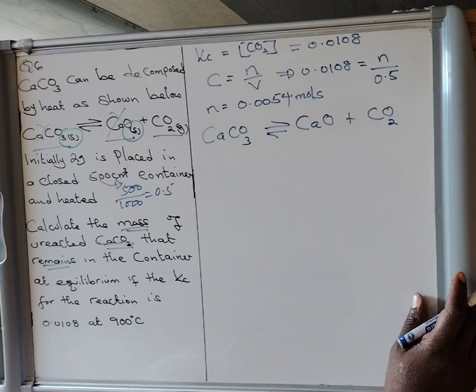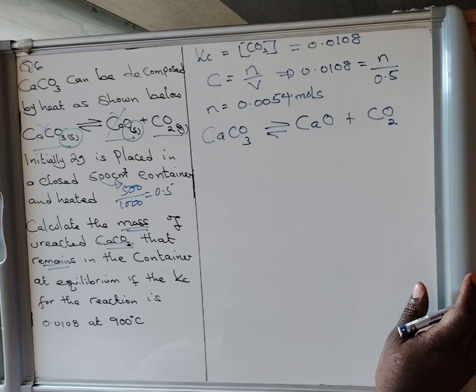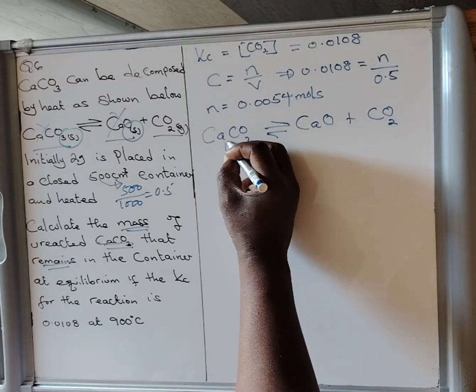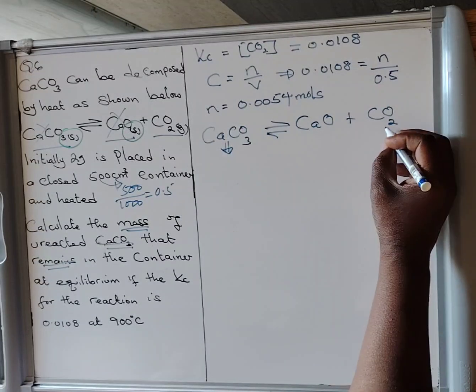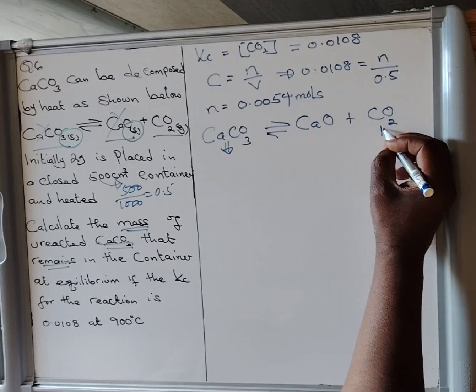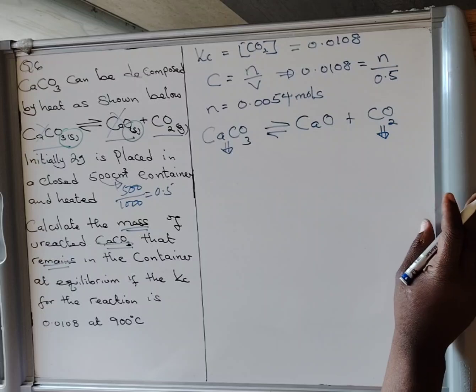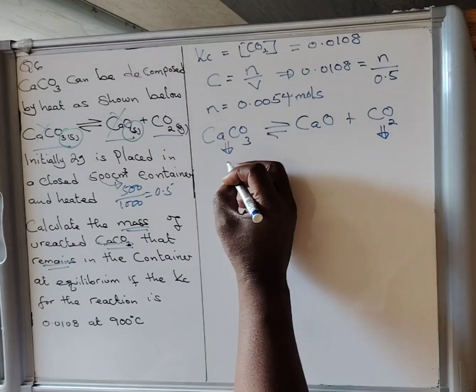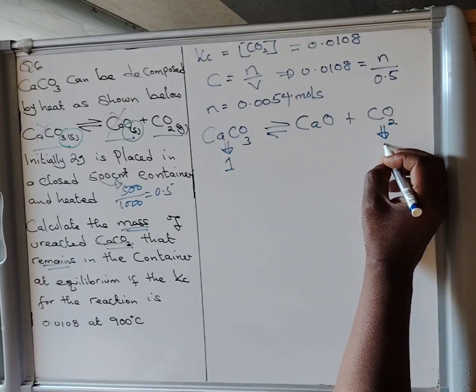The reaction is balanced. We are going to start from moles. So this is what we are looking for, and this one is given. We know it now. So let us look here: the mole ratio is 1 to 1.